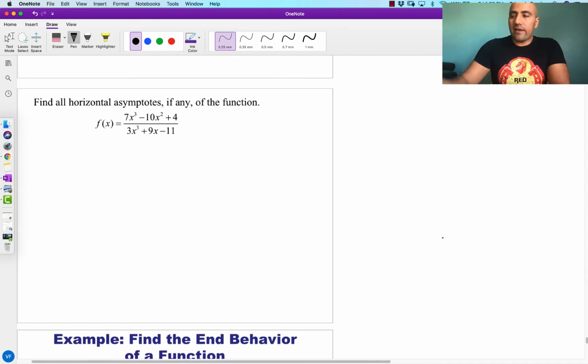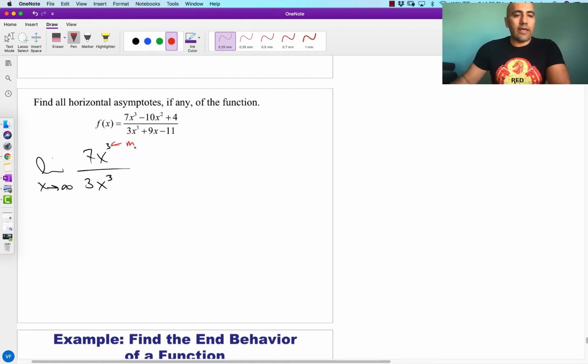And finally, we have this case where now they both have the same degree. So the limit as x approaches infinity of 7x to the third power divided by 3x to the third power, because they have the same degrees, is the case where m equals 3 and also n equals 3. They kind of cancel, and so this becomes 7/3.